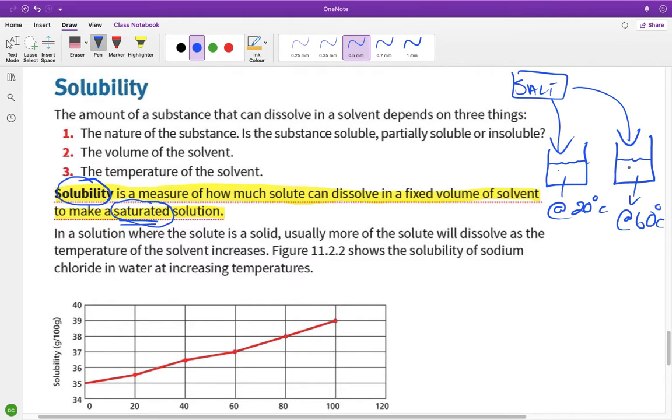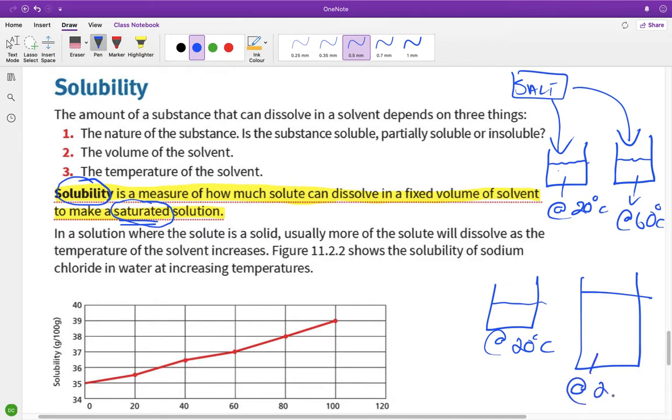So if you increase the temperature, you'll be able to put more salt in than if you leave the temperature low. Another alternative would be if you were putting it into your 20-degree water and you just got a way bigger glass. Okay, more solvent, it's going to take more solute.